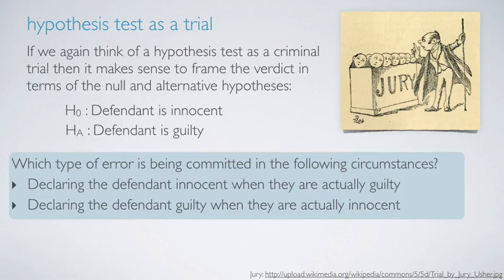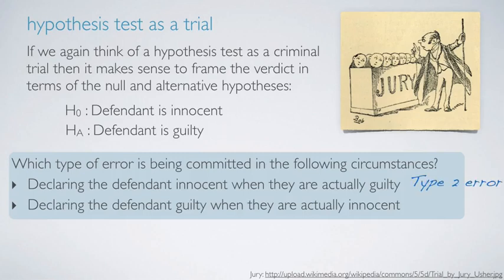So let's take a look at these two questions. Which type of error is being committed in the following circumstances? Declaring the defendant innocent when they are actually guilty. So in this case, we are saying that the defendant is innocent, however, they are actually guilty. This means that we are failing to reject the null hypothesis when the alternative is actually true.